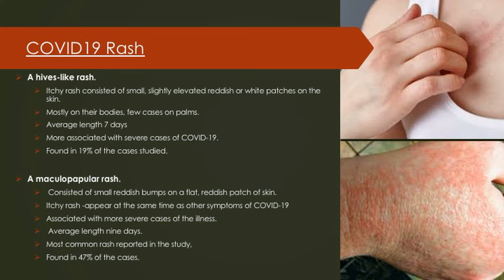It really resembles that type of rash as well. It's associated with more severe cases of illness. The average length of this one is 9 days, and it's the most commonly one that has been reported in the studies. And it's found in, guess what, 47% of the cases.